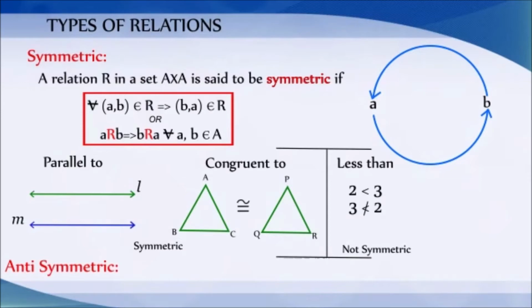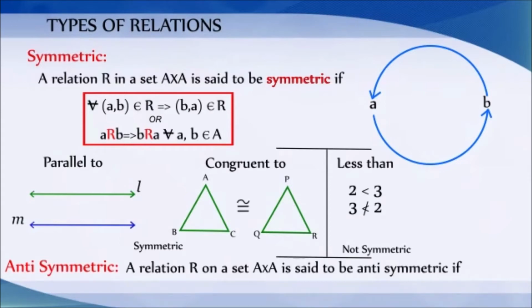Antisymmetric relation. A relation R on a set A cross A is said to be antisymmetric if a relates to b and b relates to a if and only if a is equal to b. Transitive relation.